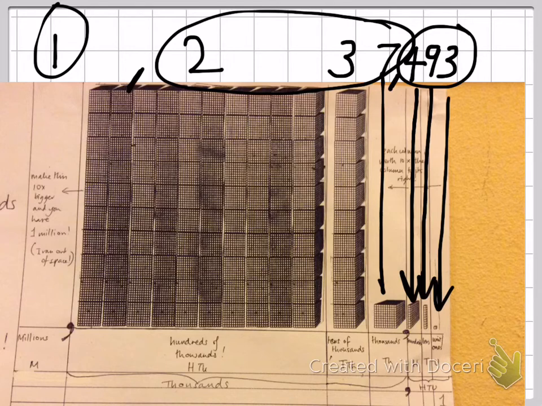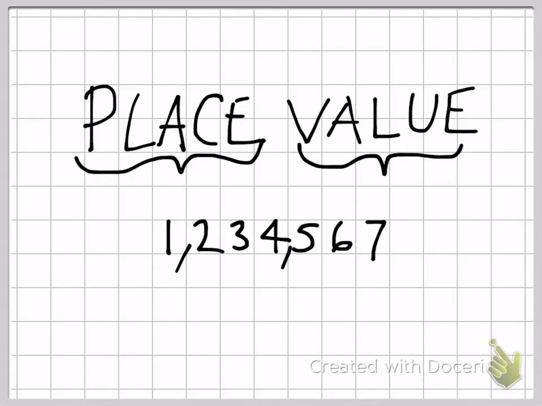The 7 is 7 of those individual thousands. The 3 means 3 lots of 10,000, so it's actually 30,000. The 2 means 2 lots of 100,000, and the 1 means 1 lot of 1,000,000, which is, of course, 1,000 thousands.